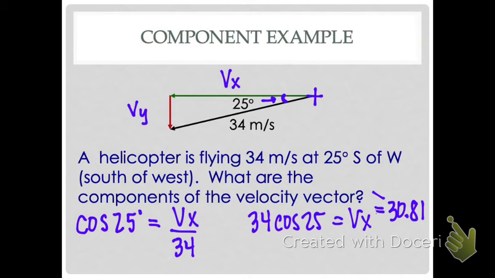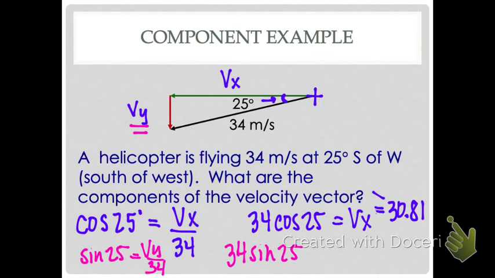Now looking at the y component, would I use sine or cosine? I would use sine. Opposite means I'm going to use sine. So sine of 25 equals Vy over 34. Again, I'm going to start to just write it this way: 34 times sine of 25. Does that feel comfortable with everyone if I write it in that format?